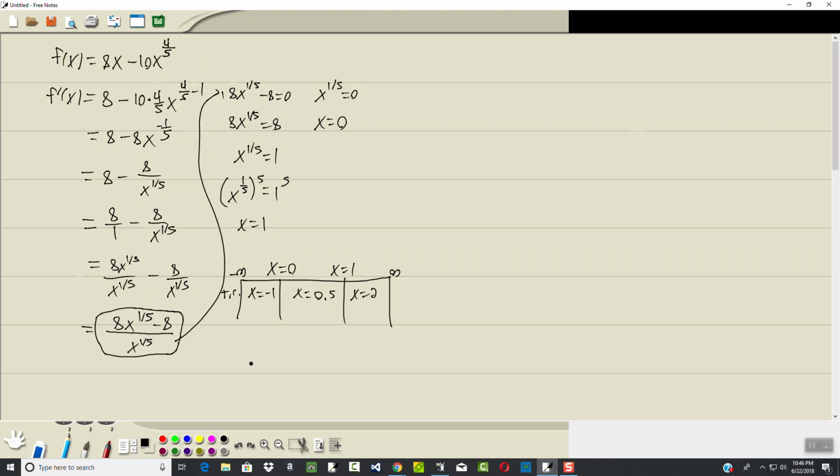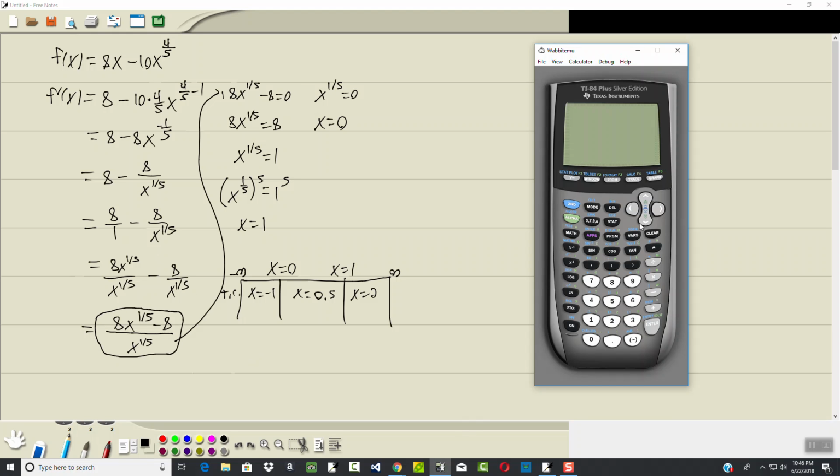Probably the easiest. Now if I do use a calculator for this, I go to y equals, clear, put parentheses around the top, and I got 8x caret, beginning parentheses 1 divided by 5, closing parentheses, minus 8, closing parentheses for the top part, divided by, beginning parentheses for the bottom, x caret, beginning parentheses 1 divided by 5, and you can put closing parentheses at the very end if you want.